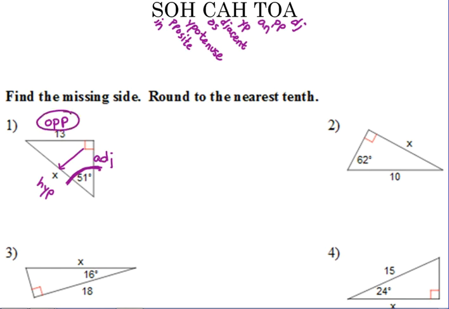So we know the opposite. We are looking for the hypotenuse. So which trig ratio uses opposite and hypotenuse? Sine. Okay, sine uses opposite and hypotenuse. So let's set it up. The sine of the angle, 51 degrees, is equal to the opposite over the hypotenuse.